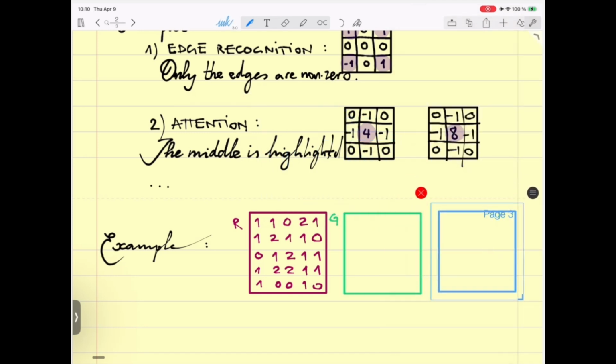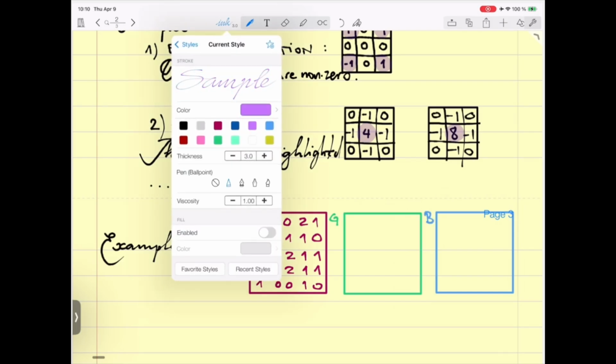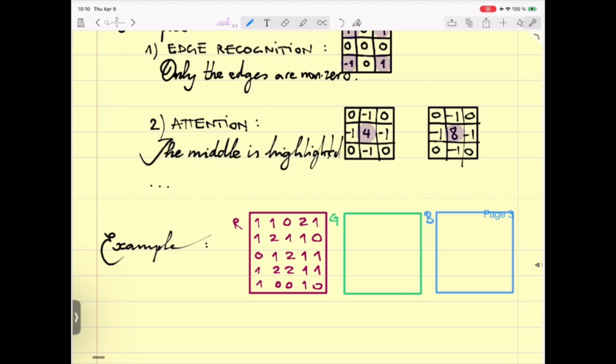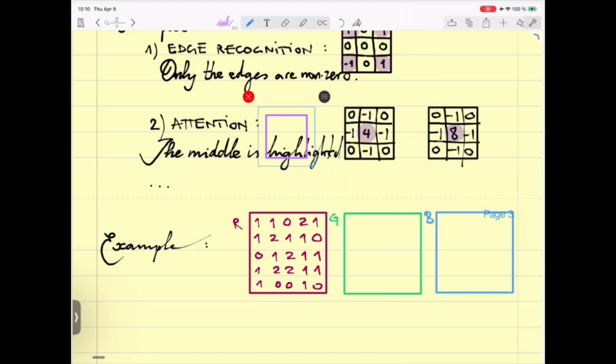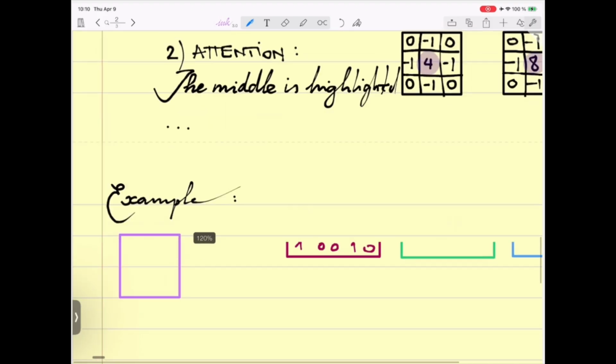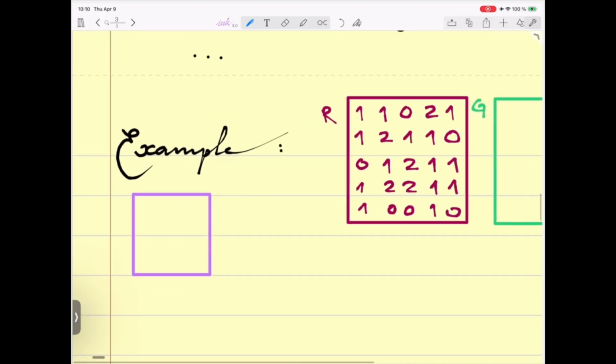Okay. Imagine I give you an attention kernel 3x3. So this is an attention kernel.